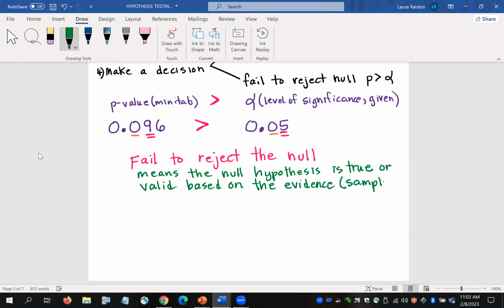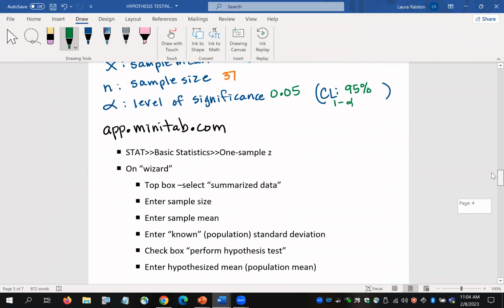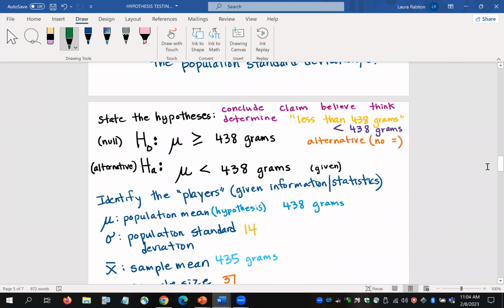So based on the sample of the 37 bags, we fail to reject the null, which means the null hypothesis is true. So if I go back up here to my hypotheses for a minute, we fail to reject the null, which means the null is true based on the evidence, and the alternative then by default would be false.